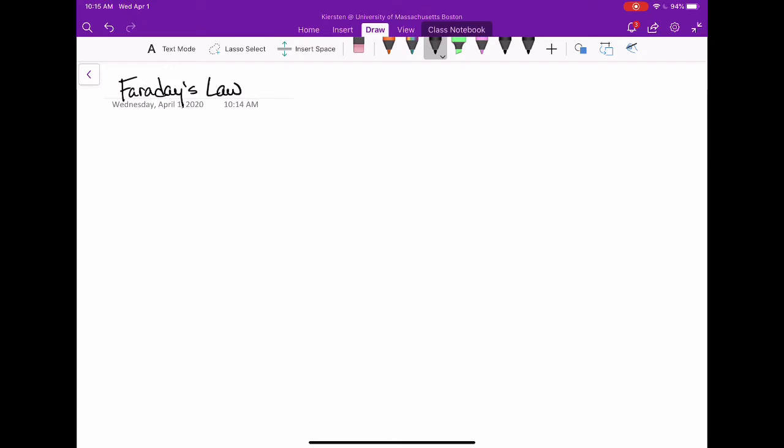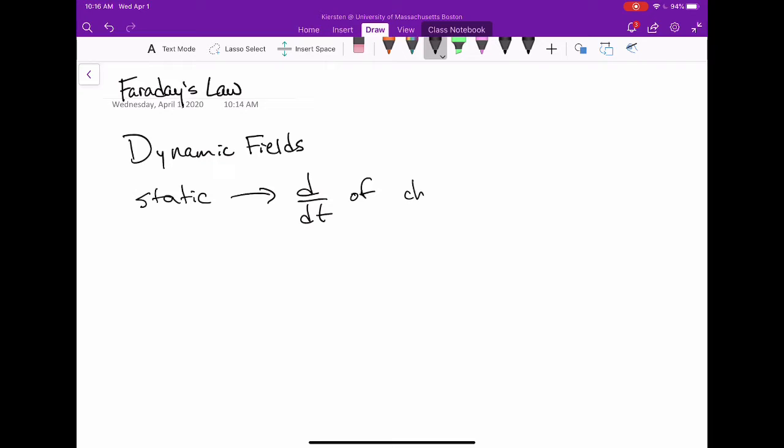At this point in the course, we are beginning to explore dynamic fields. Up to now, everything has been static. And that means that the time derivatives of all of our quantities, of any charge, current, and fields, all of that is zero.